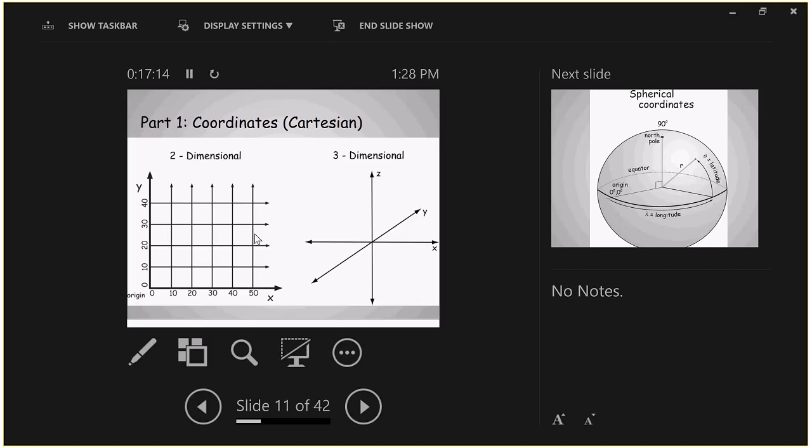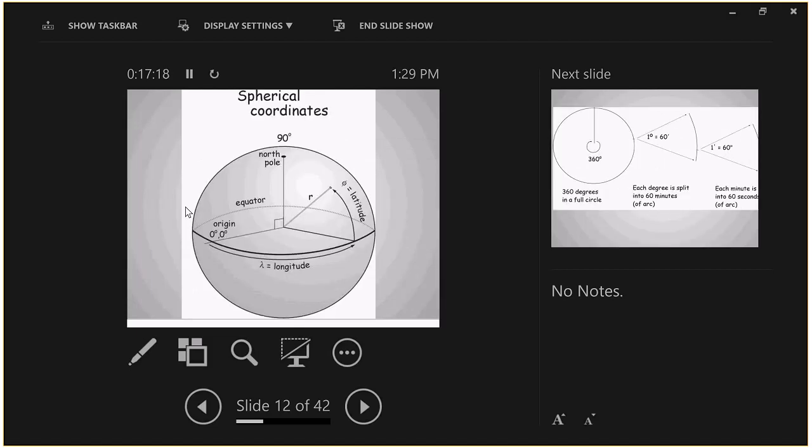The problem is that the world isn't flat. The world is, of course, a spheroid, or a geoid is technically what we refer to the world as, which just means that the Earth is Earth-shaped. So it's not perfectly round, but we describe points on it as latitude and longitude.